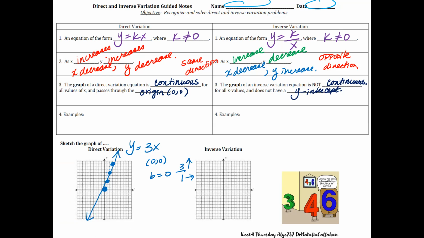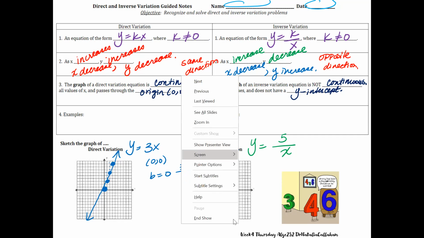On the opposite side of that is inverse variation. So that one is like y equals 5 over x. I don't know about you, but I can't just draw that by looking at it. I don't know what it looks like, so let's go ahead and try to graph this.